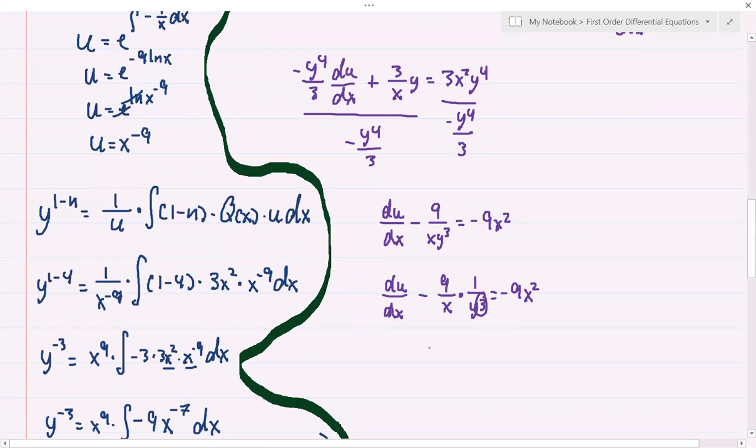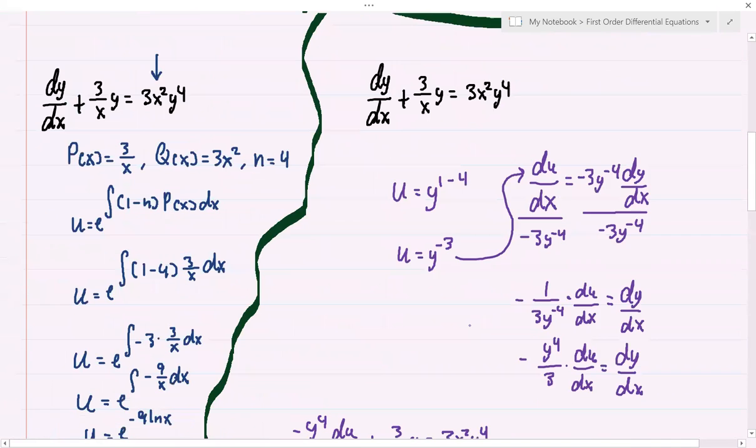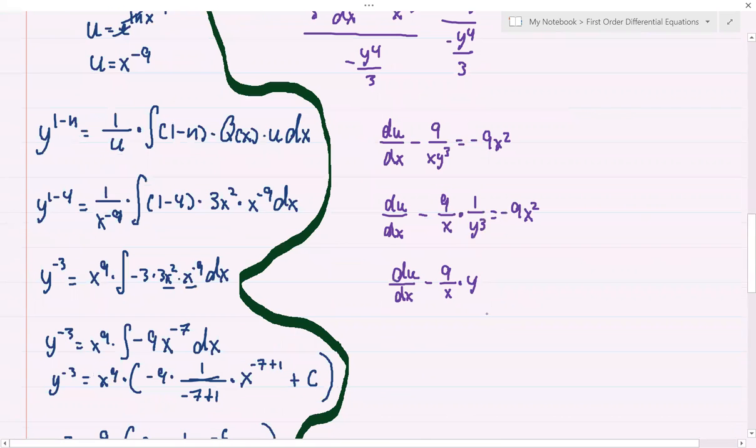So since this is positive, we will have du all over dx minus 9 all over x times y raised to negative 3. That's it. And again, your u is equal to y raised to negative 3, so we will change this one into u.